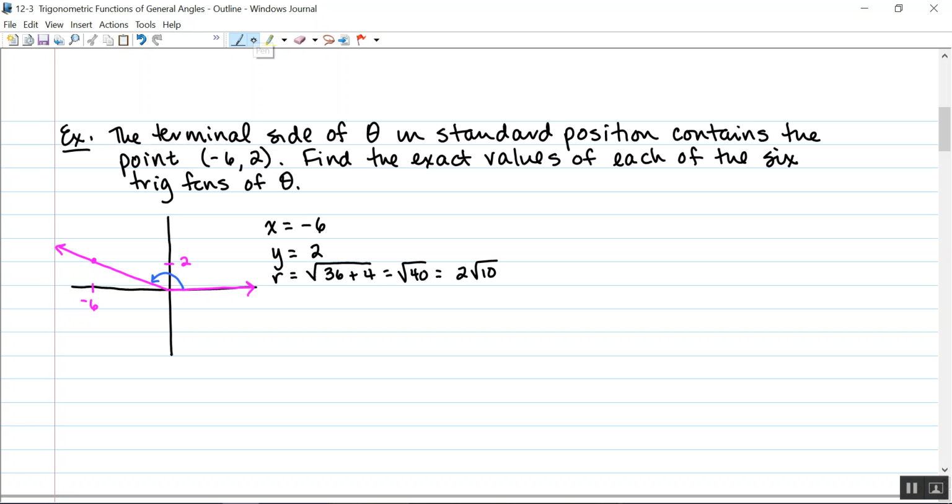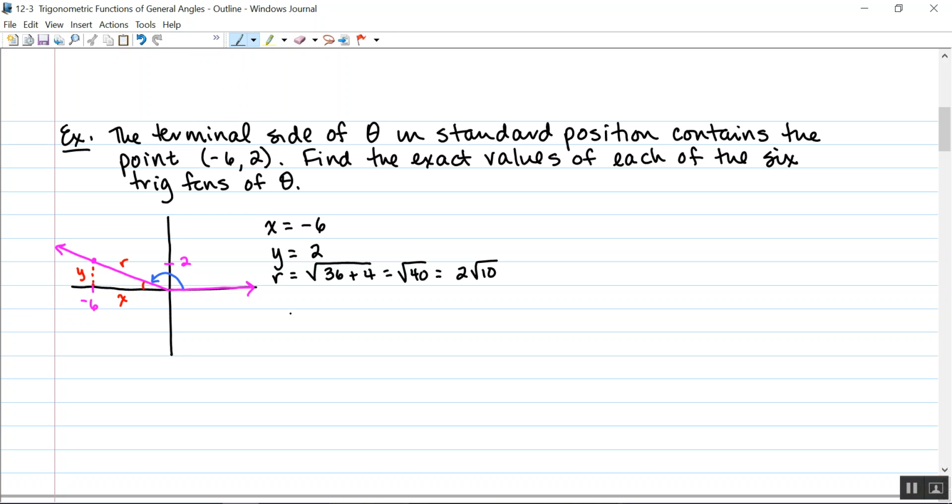Now remember, what this is referring to, I'll go ahead and draw it here in red, is if I were to draw this line right here, this is my y, this is my x, and this distance right here is my r. So I'm basically looking at a right triangle here.